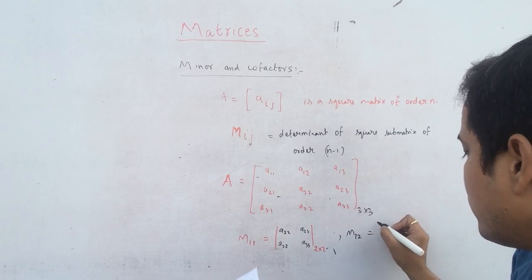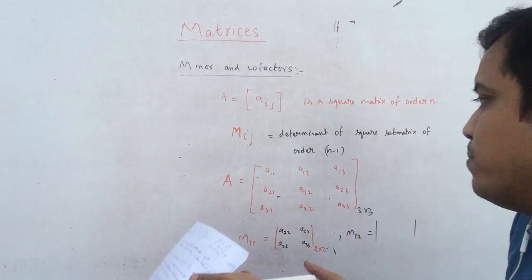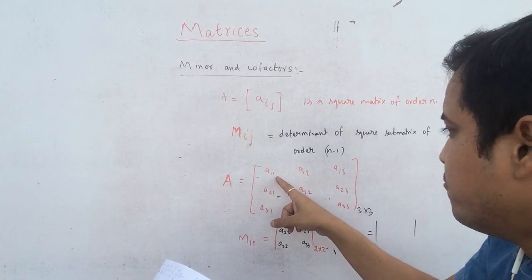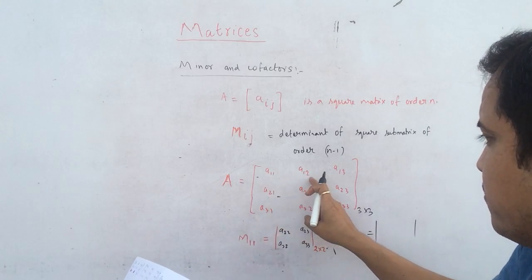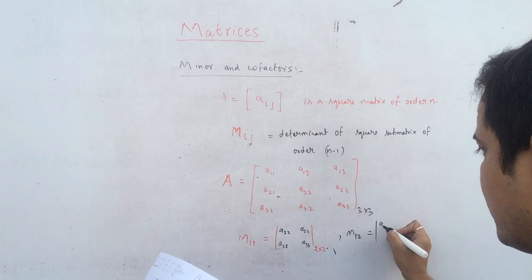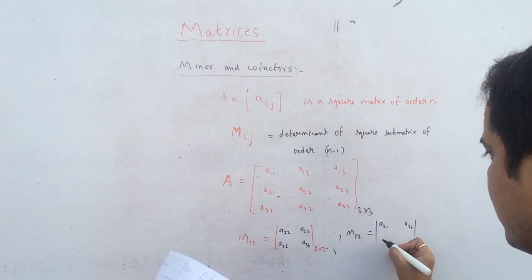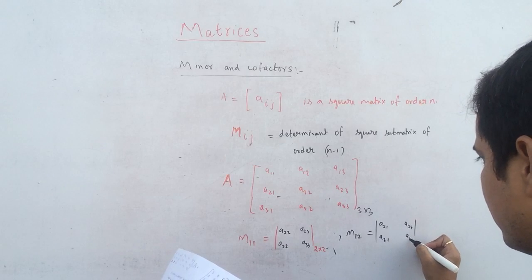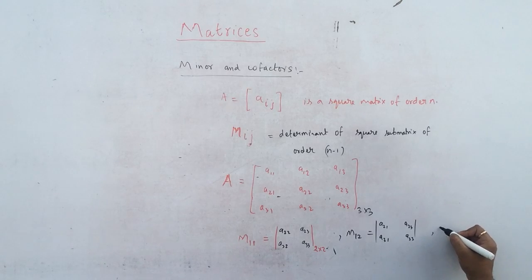What would be the value of M12? M12 would be when you leave the first row and second column. So we get A21, A23, A31, A33. Now talk about M13.